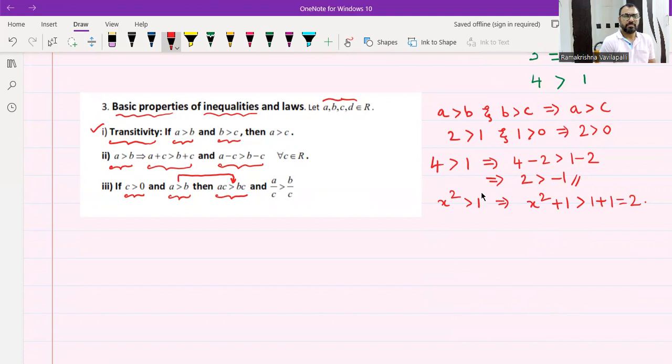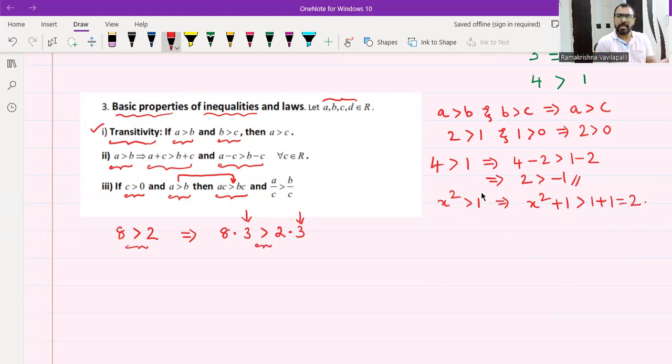For example, 8 greater than 2 implies 8 into 3 greater than 2 into 3. So here the quantity which we multiplied on both sides is positive, so the inequality will not be reversed.